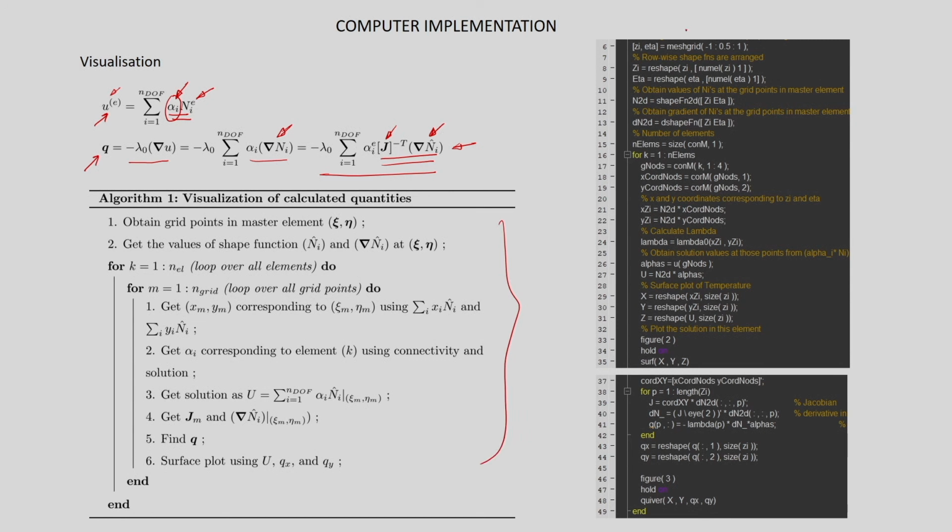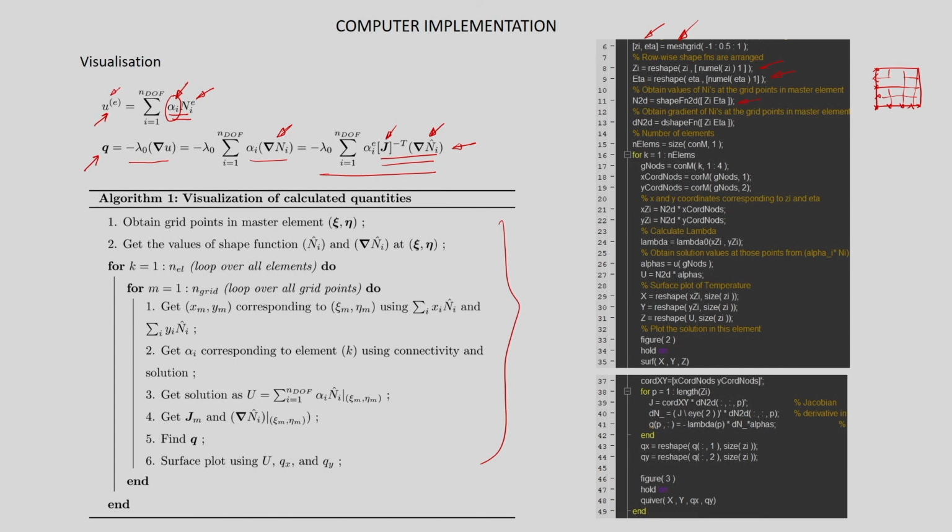First we have created a grid. In the master element we have taken some points in the xi direction and similarly in the eta direction, and we have done that throughout the mesh. Those are basically the xi's and etas, and then we reshaped them into a vector form. Then we calculated the shape functions at those points.